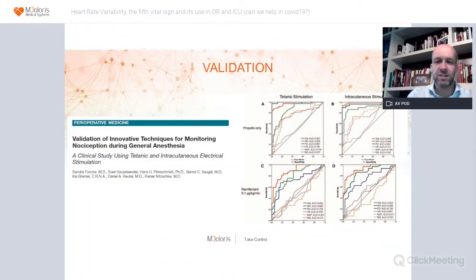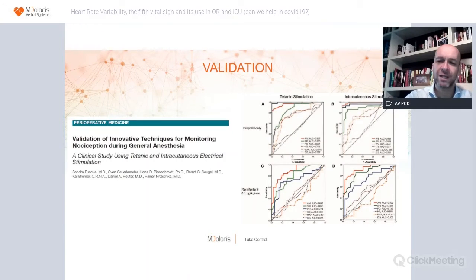But when we add remifentanil, which is very obvious during surgery, normally you will add opioids or analgesics, right? You see that pupillometry is very much affected. They have a ceiling effect. The pupil cannot dilate itself anymore. But look what happens with heart rate and blood pressure. It goes to 0.5.